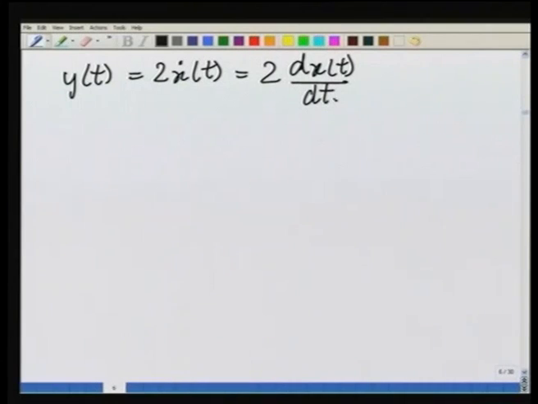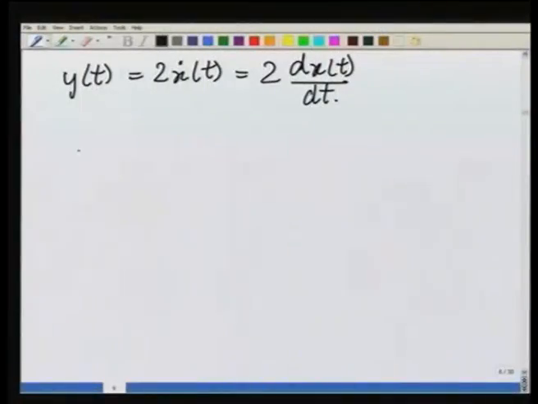Let us say the system is a differentiator and also scales the input by a factor of 2. So, this is our system. We wish to check whether the system is linear, and we will do it by first testing for scaling to see if the system is homogeneous. So, apply a scaling operator to the input and see if the system commutes with the scaling operator.